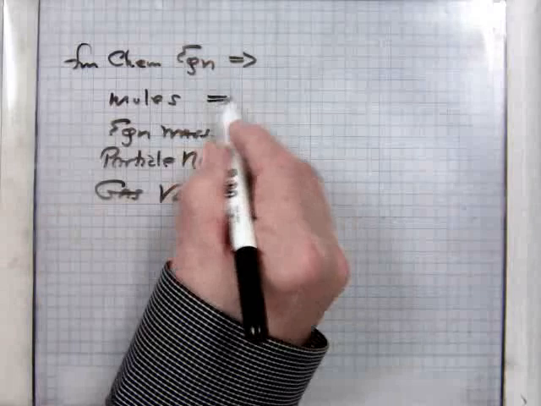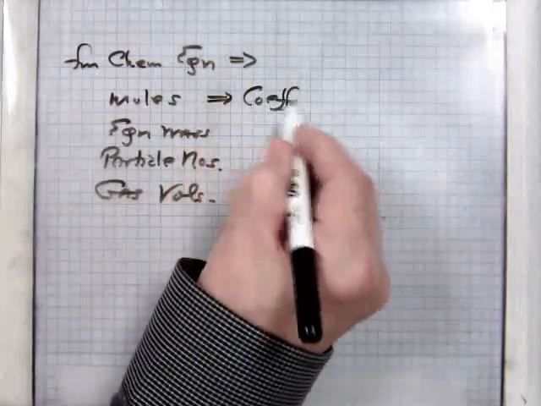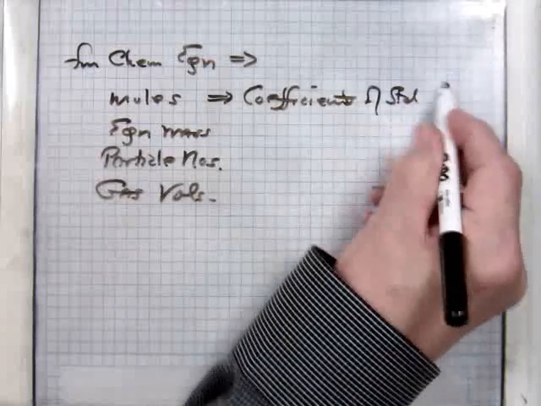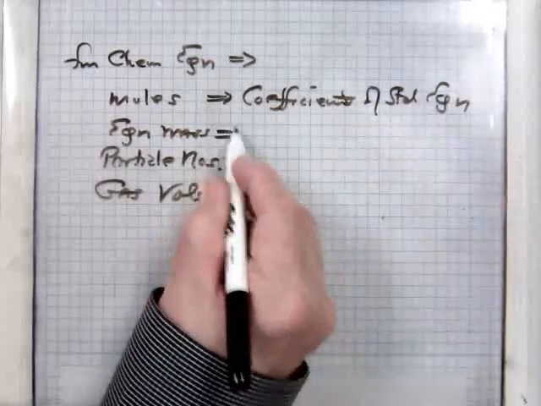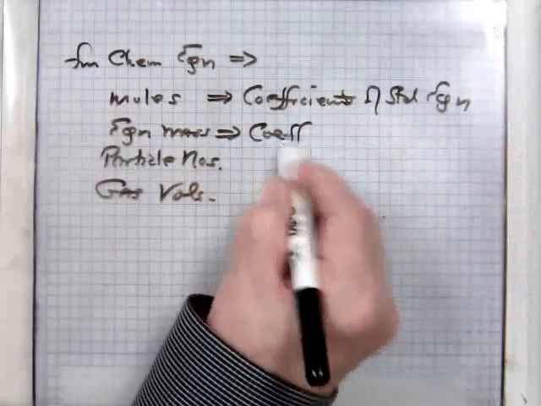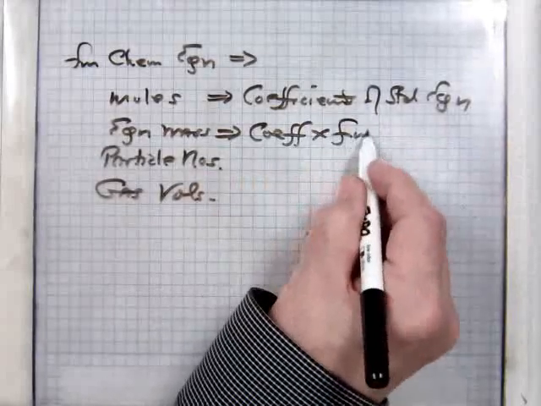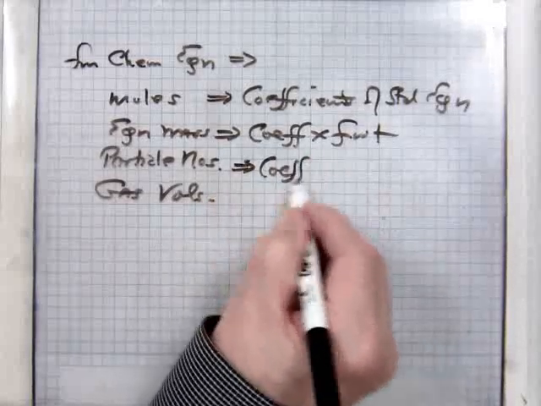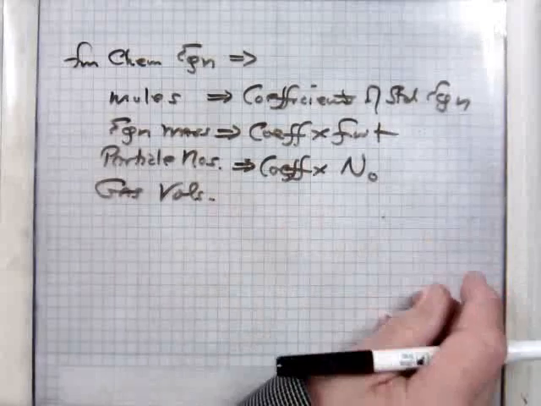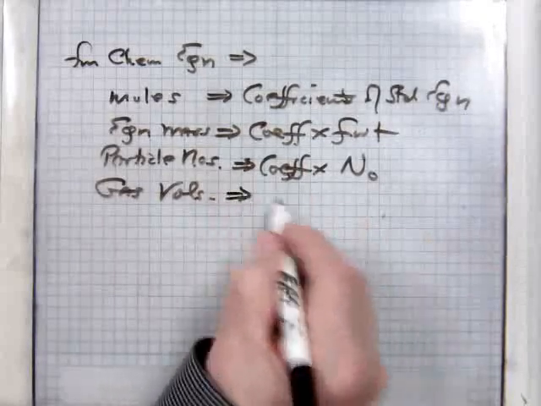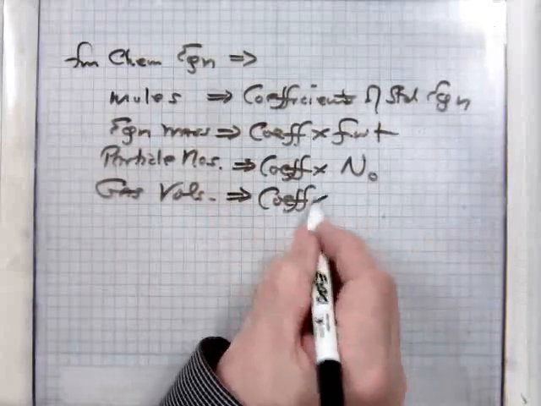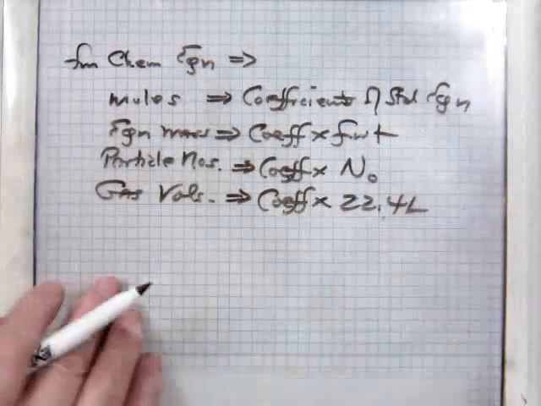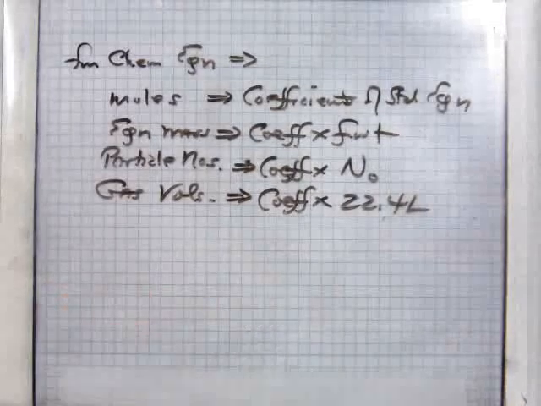Moles are your coefficients of standard equation. Coefficients times formula weight. Coefficients times Avogadro's number. Coefficients times 22.4 liters. Now that's, of course, all standard equations. Assume.